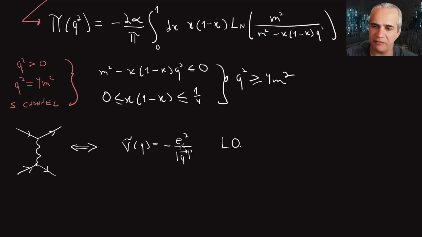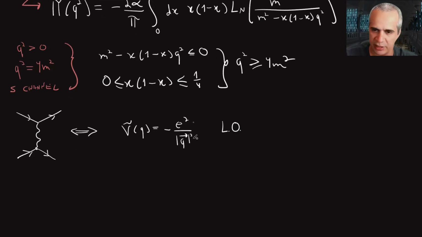Now we have seen in the last video that one of the effects of this loop correction to the photon propagator is to replace this charge by an effective charge.